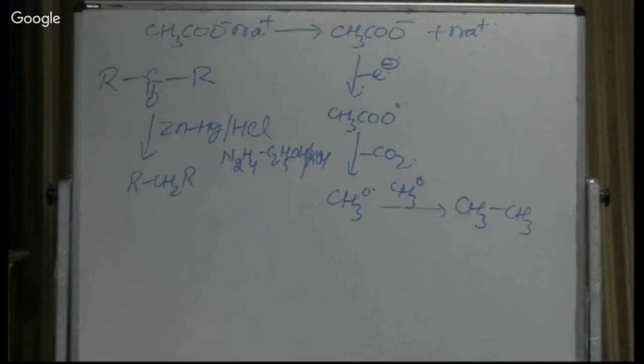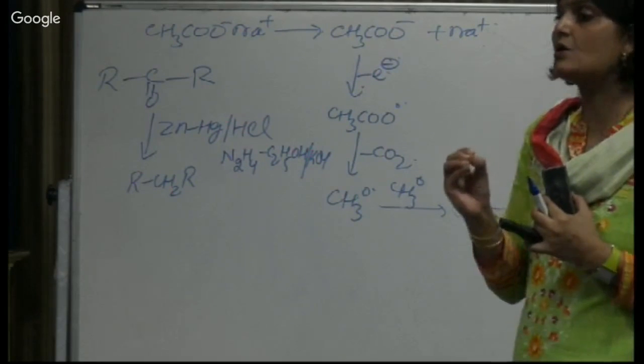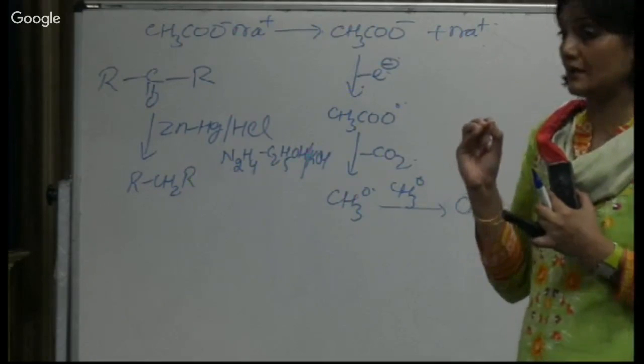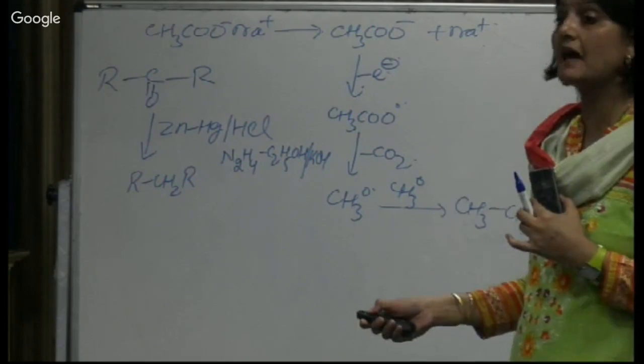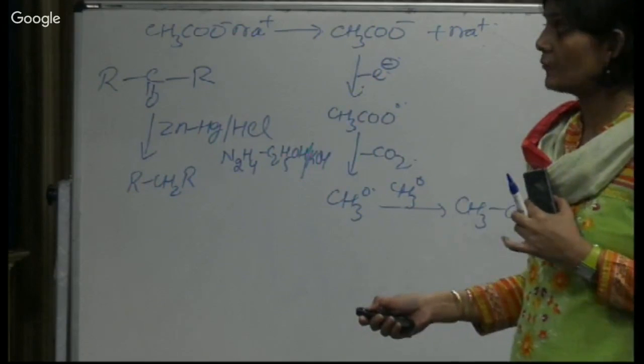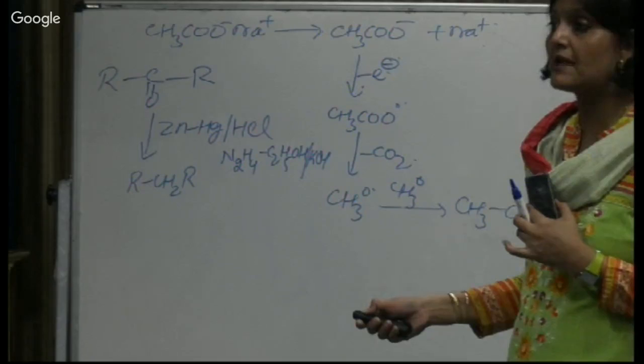The first reaction is the free radical substitution reaction. When alkanes combine with chlorine or bromine in the presence of sunlight or at high temperature, one of these hydrogens is replaced by a halogen.